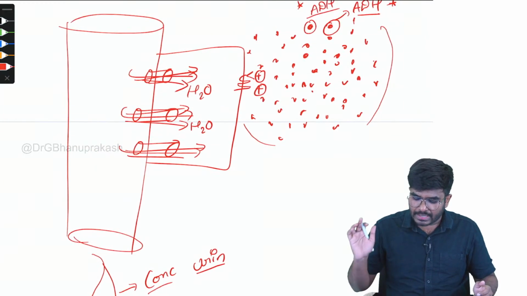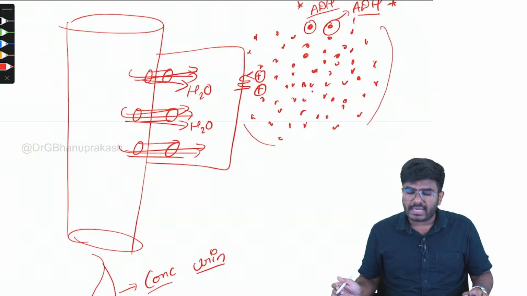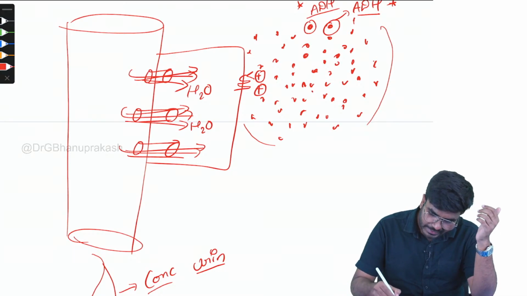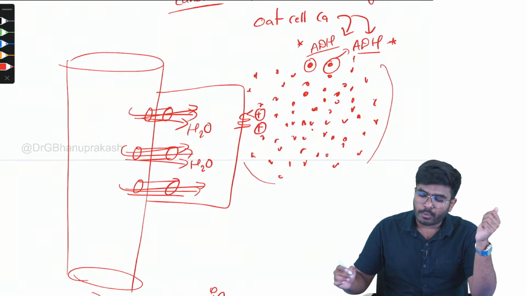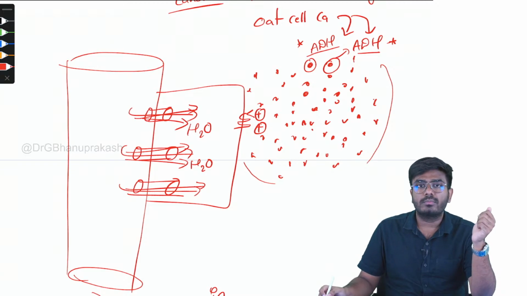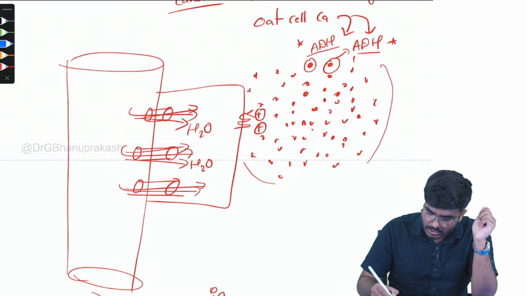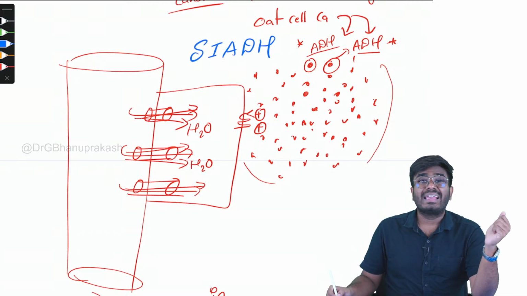Now how to treat this condition? Tell me. If you tell this, you are awesome. What is the treatment for this condition where the person is producing an excessive amount of antidiuretic hormone? First of all, wait, let me tell the name of the syndrome. The name of this disease is SIADH.